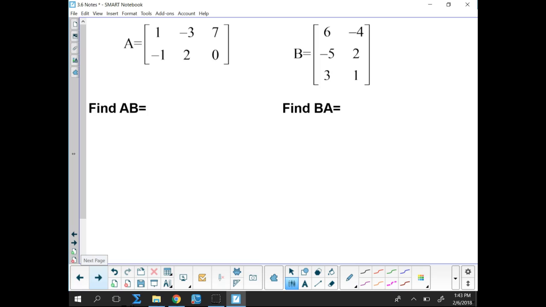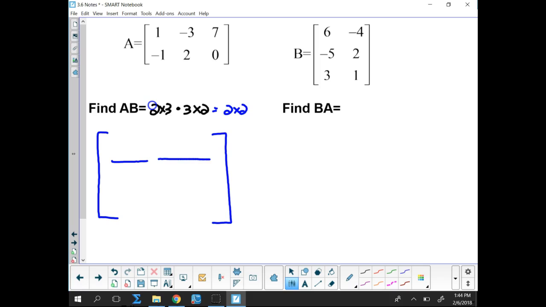First off, we got to look at dimensions, right? Okay. Dimensions of A, 2 by 3. Dimensions of B, 3 by 2. Does that make it possible? Yes, and my result is going to be a 2 by 2. Okay, so I make myself a 2 by 2. Row 1, column 1.